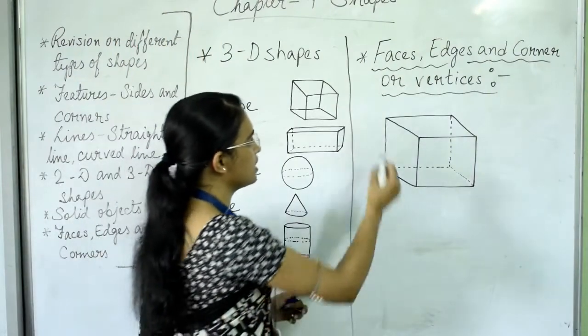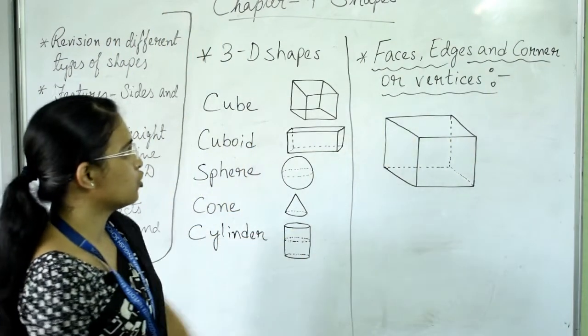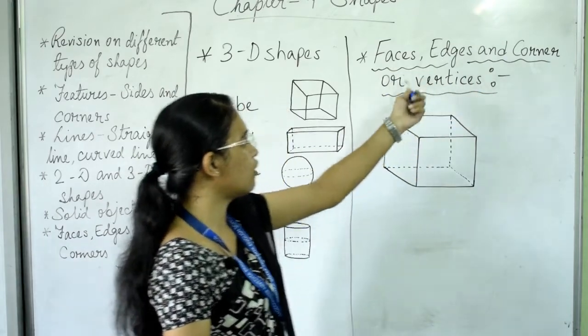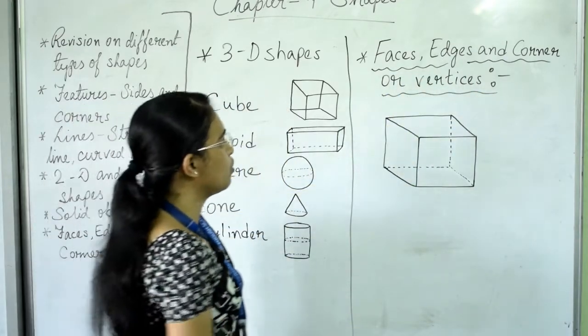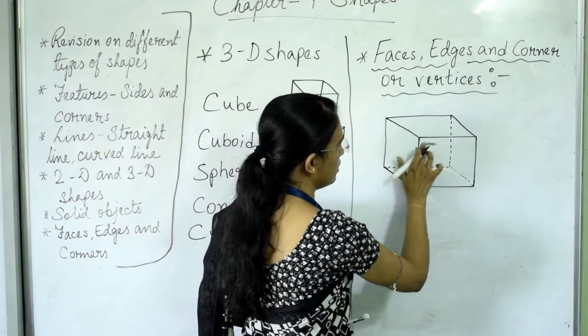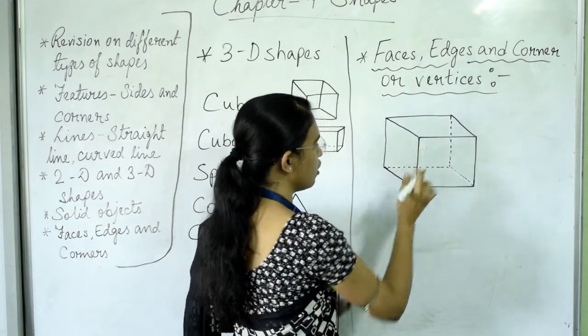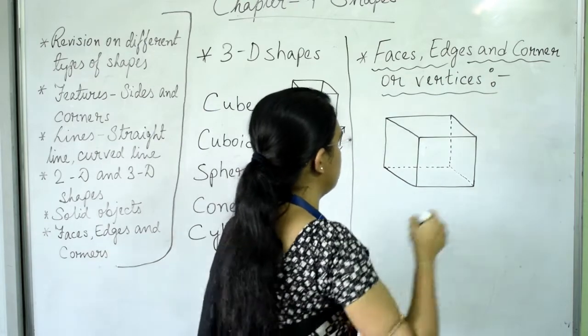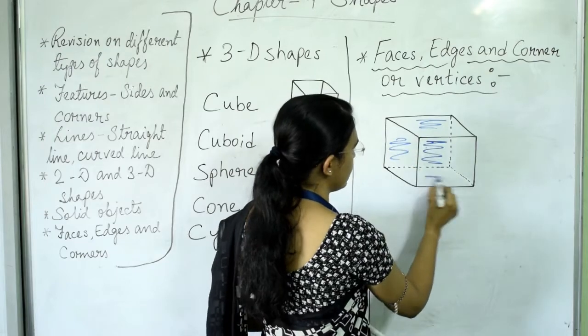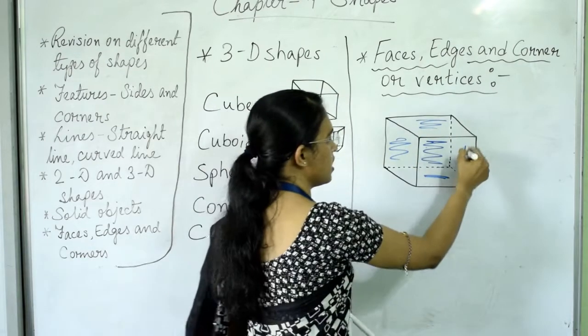Okay, so this is the cube. Now we will learn about face, edges and corners or vertices. So what is face? The outside part of an object. These parts are called face.